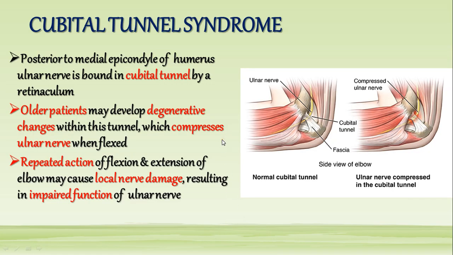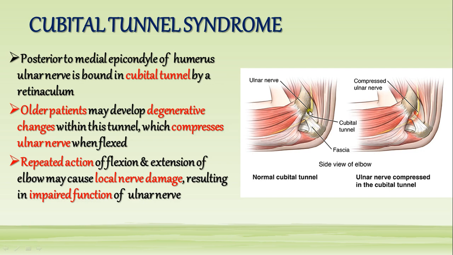There is a clinical condition called cubital tunnel syndrome. Just posterior to the medial epicondyle of the humerus, the ulnar nerve runs and is bounded in a cubital tunnel formed by a retinaculum, or you can simply say a condensation of the fascia.